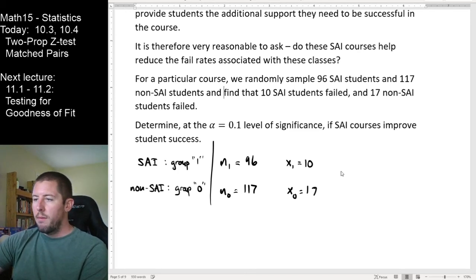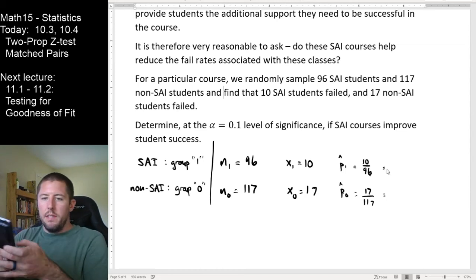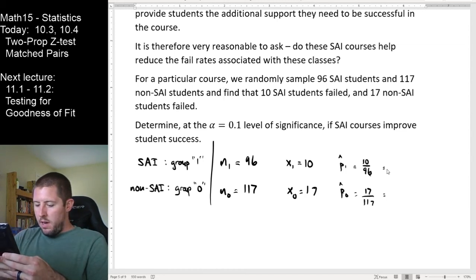And so we can come up with our P1 hat and our P0 hat here, the proportion of successes for each. So this should be our 10 out of 96, and this will be our 17 out of 117. We'll go hit our calculator for these. 10 out of 96 and 17 out of 117.